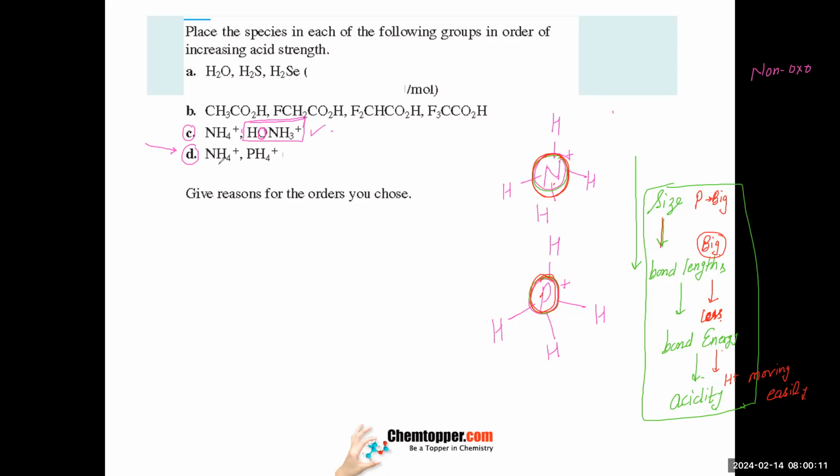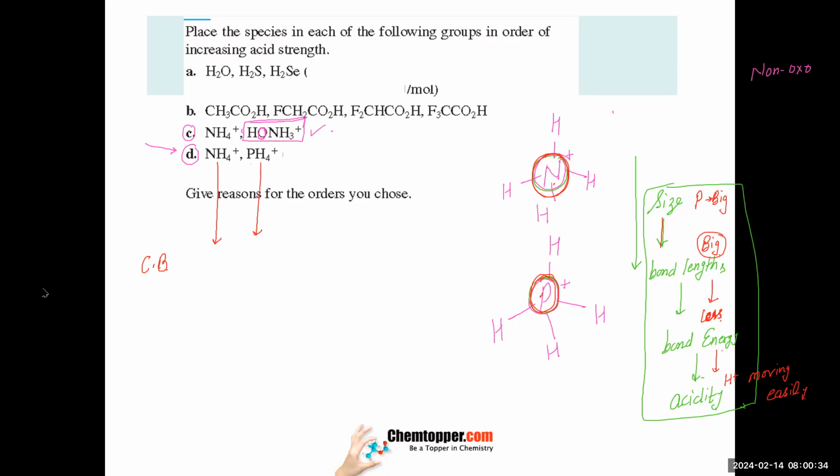Can you write down the conjugate bases of this and this? Give the conjugate bases of ammonium and phosphonium. Yes, I'm going to clear it.